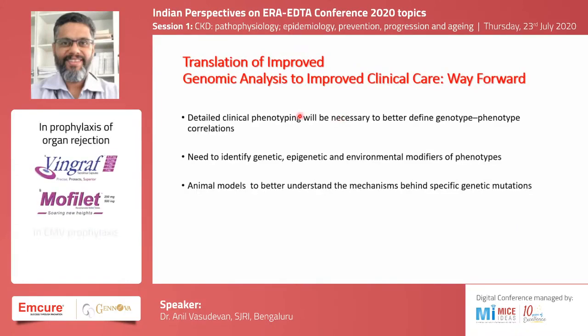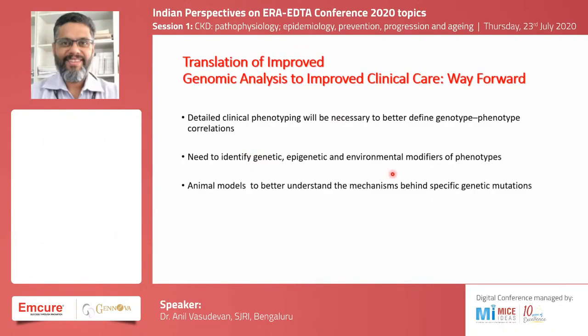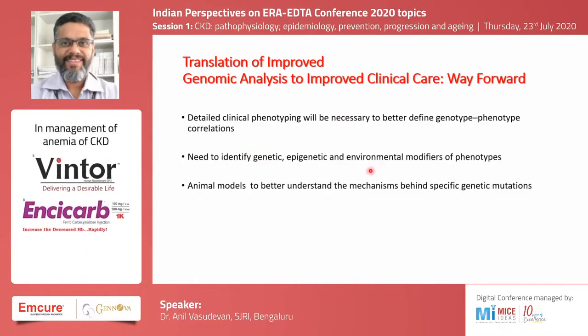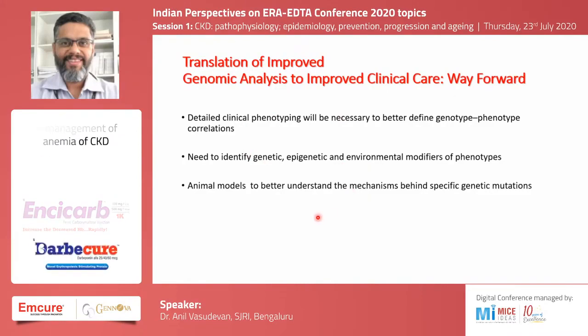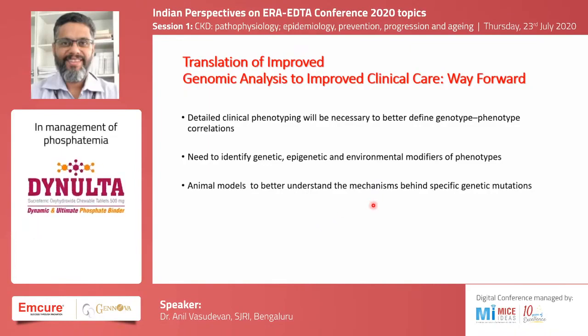For that, we need detailed clinical phenotyping to better define the genotype-phenotype correlations. We need to identify other modifiers of the phenotype, which could be epigenetic or environmental in nature. And one of the main drawbacks is that we don't have good models to understand the mechanism of many of the genes that have been identified in CAKUT, how they develop these malformations.